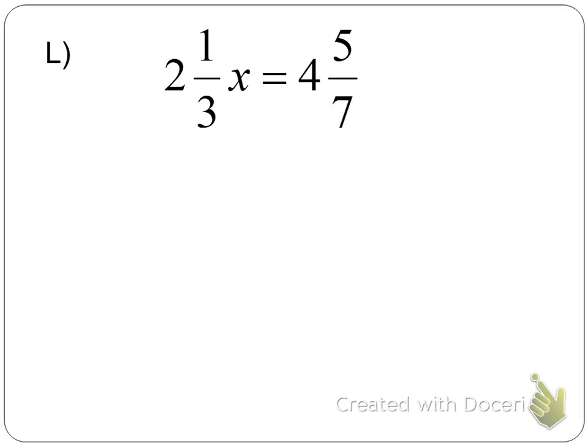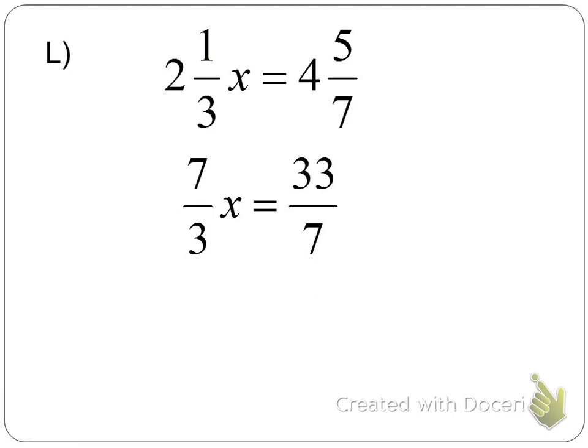And then on the right, we need to do 7 times 4 plus 5 to make them improper. You can't really do a lot with fractions when they're mixed numbers. It's really hard to multiply. It's really hard to add. So just go ahead and make them improper first.